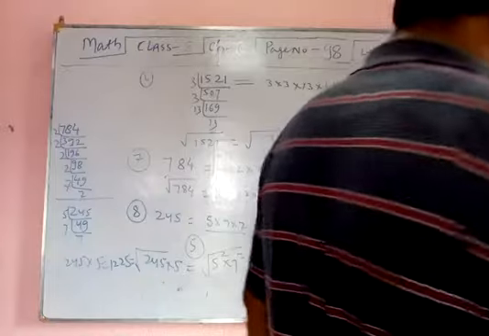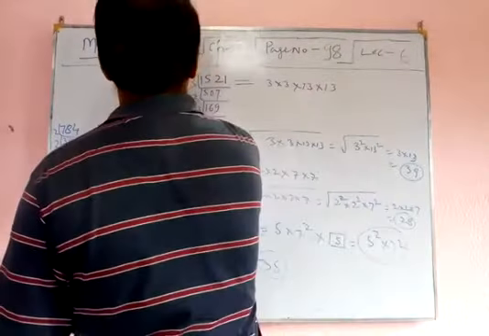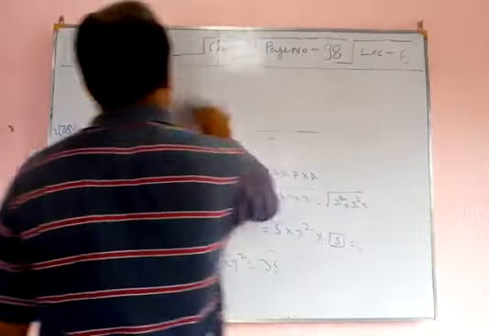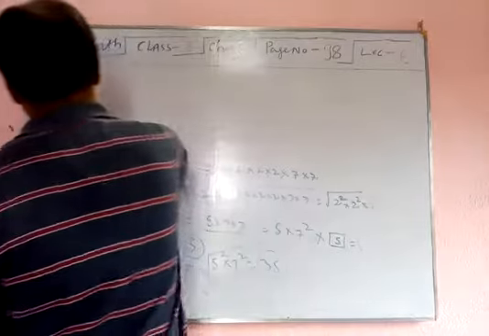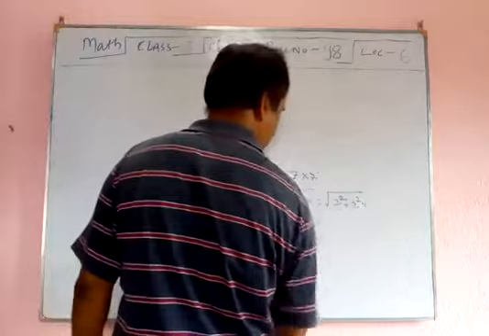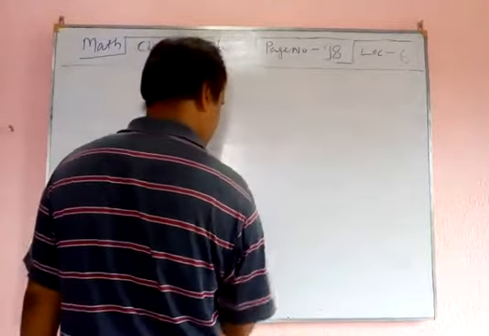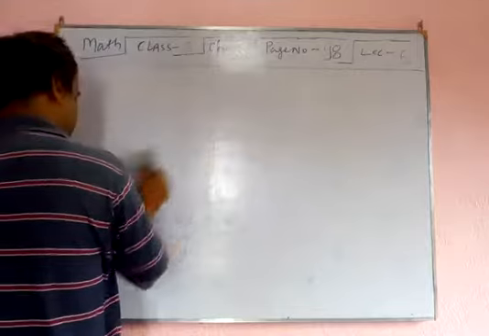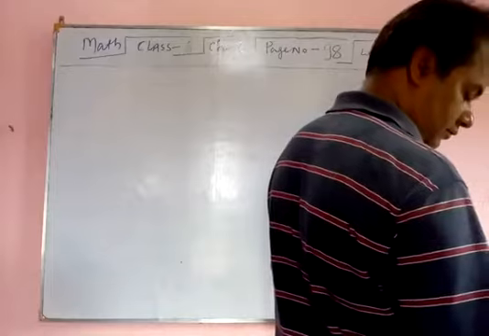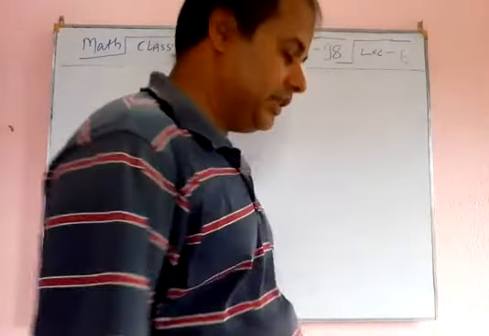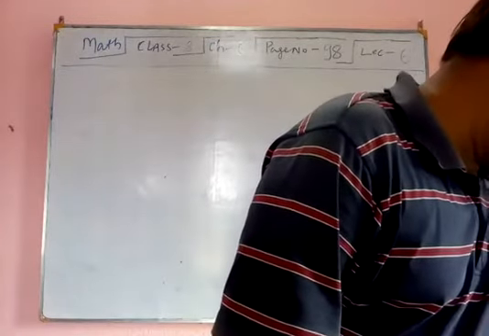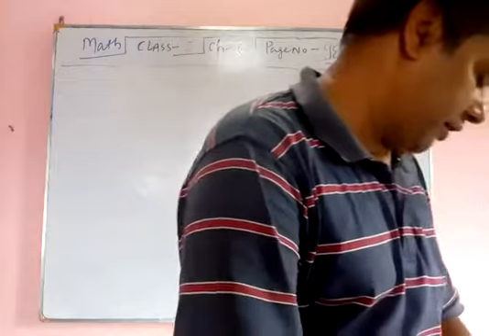Example number 9. Find the number by which 3872 be divided to obtain a perfect square.